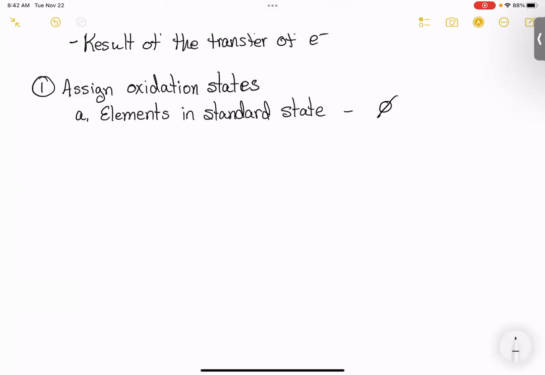Rule number 2, ions have the same oxidation state as their charge.